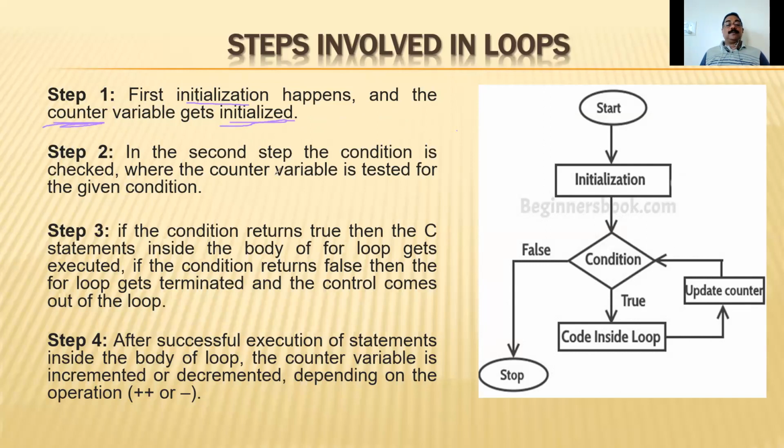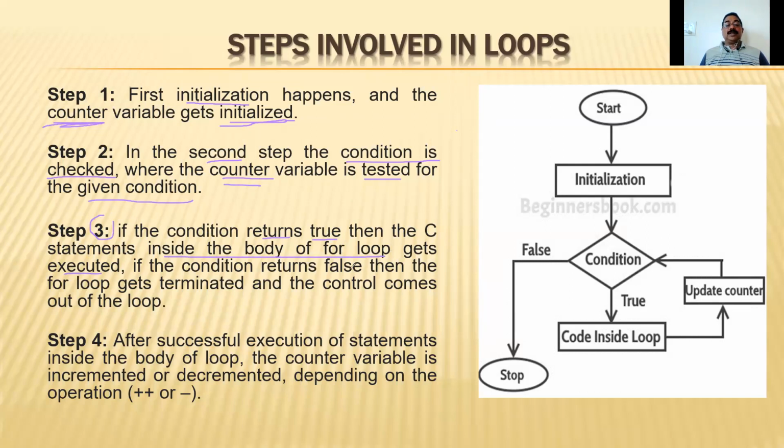In the second step, the condition will be checked. The counter variable will be tested for the given condition. What is in step 3? If the condition returns true, then the C statements inside the body of the loop will be executed.